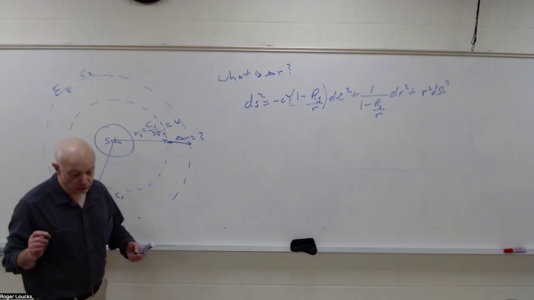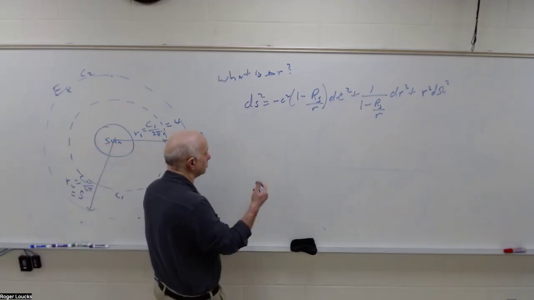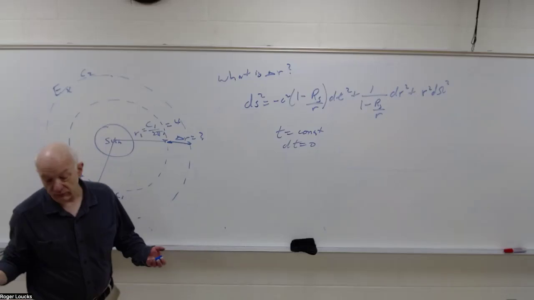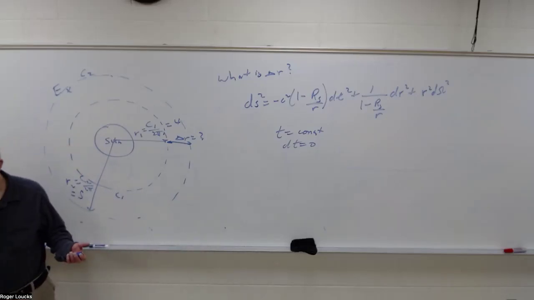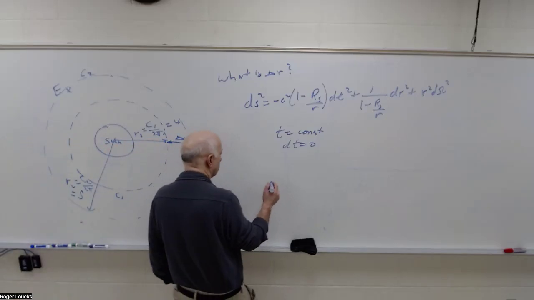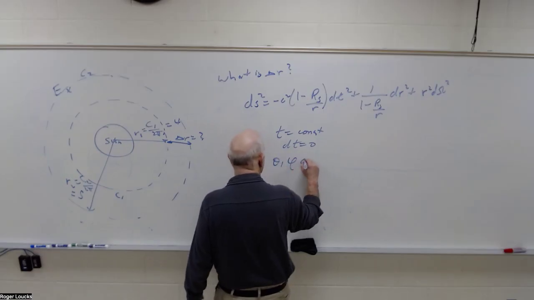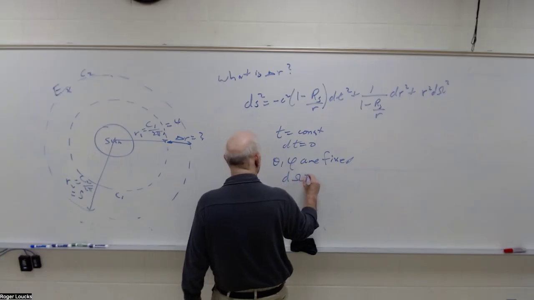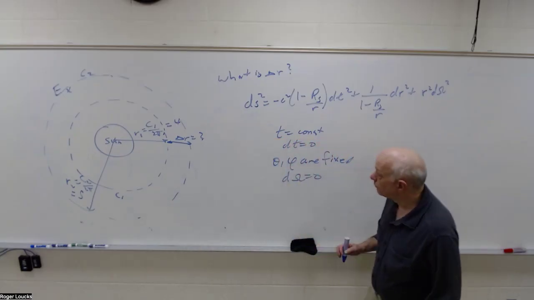Yeah, we're going to do this at a constant time. So your t is 0, so your dt is 0. You're only looking at a radial distance. So omega is 0, d omega is 0, because theta and phi are constant or fixed. So d omega is 0.